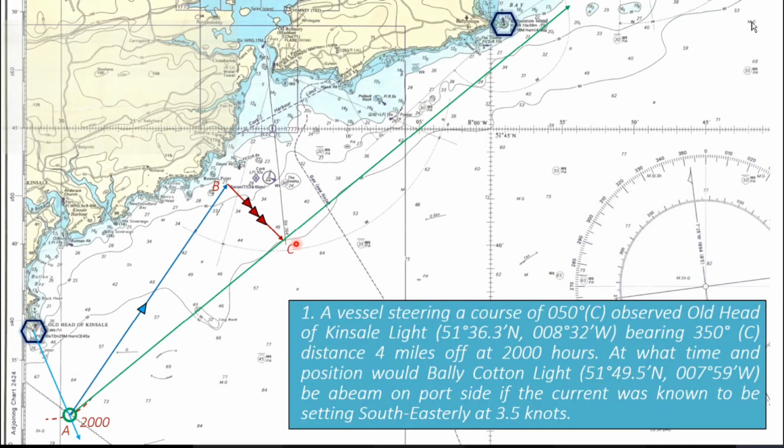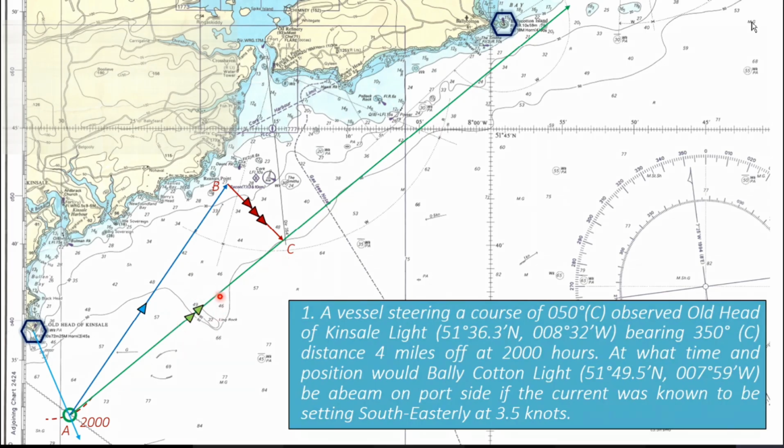Now we know this Alpha to Charlie is the resultant of our CTS vector and the current vector. So this Alpha to Charlie is our course made good vector. The resultant of CTS and current vector is the CMG vector. So this is our course made good.